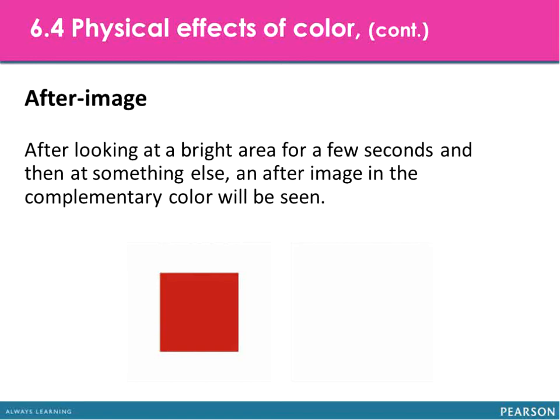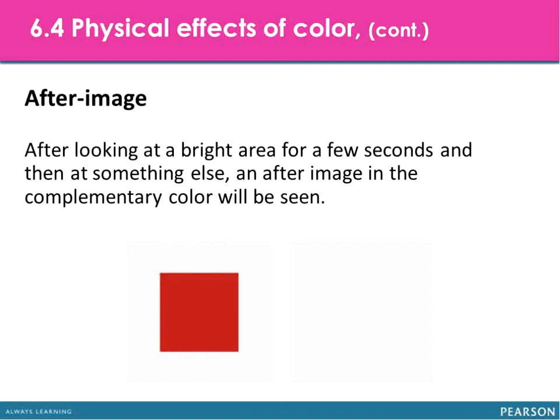Okay. An after image. You may have played with this optical illusion before. After looking at a bright area for a few seconds, concentrate on that red square. We'll give it a few seconds here. Okay.